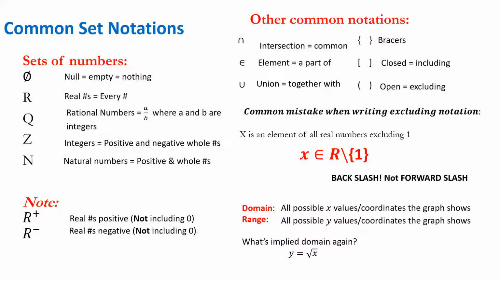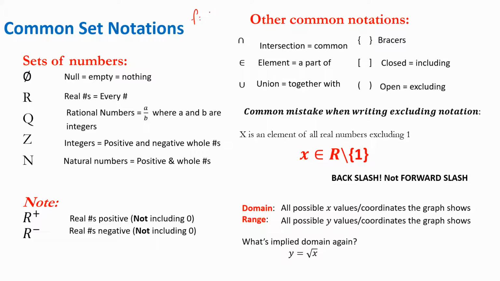Root of x, what's the implied domain here? What do we know about root of x that we can't do? What can't we root? What can't we square root? Negative numbers, yeah? So we can't already say that x can take square root of -2 or square root of -4. We know that doesn't work. That's why there's already a restriction without saying so. I didn't have to write a function where I say, you know, this is the proper notation, by the way, which I'll teach you later.